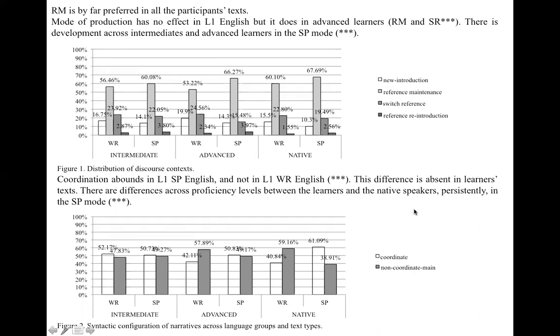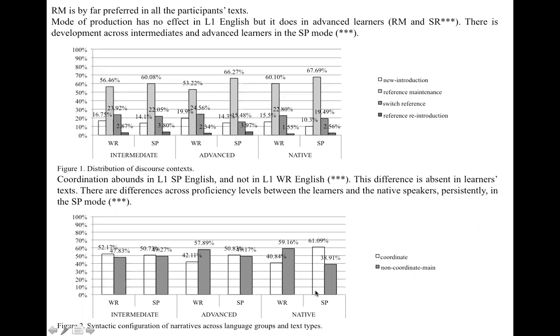Now, in the second figure, we have a representation of coordination, the difference between coordinate and non-coordinate clauses. Here, what we can see is that coordination abounds in the spoken native batch. And there are statistically significant differences across modes.